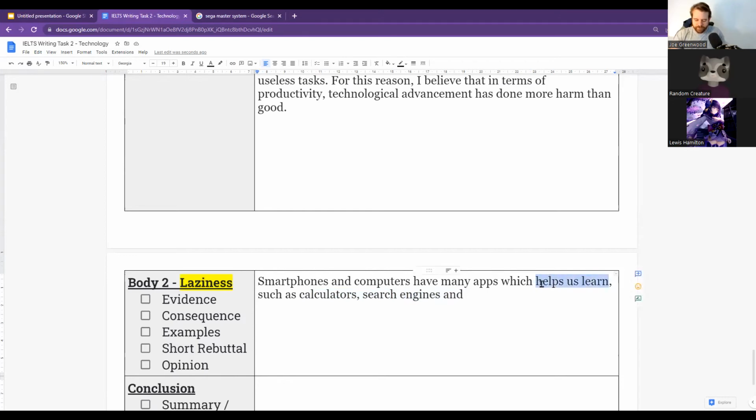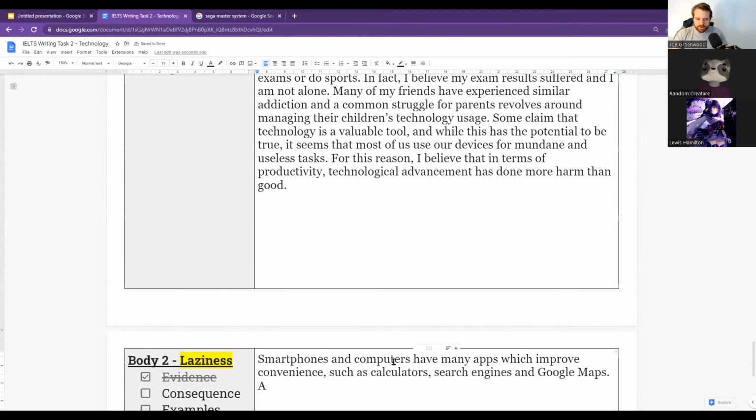which improve convenience, such as calculators, search engines, and maps. Yes. Google Maps. Now, why am I mentioning maps? Because these 3 things can all lead to laziness, right? As a consequence. Now, what did I say last time? I said consequently. So, yeah. As a consequence.